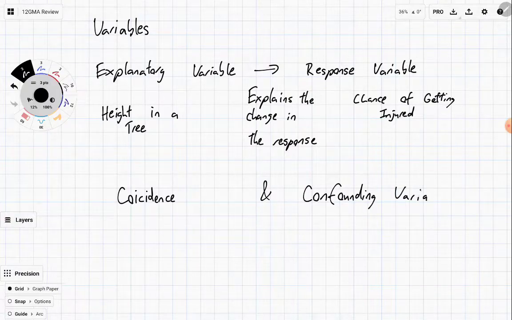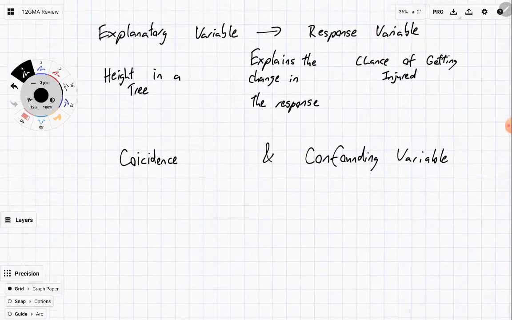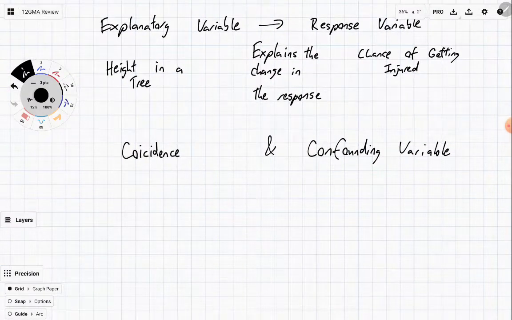Okay. So coincidence is exactly what it sounds like. It just happens to be the case that they follow each other, that there's no actual direct cause between the 2 variables, but it's just a coincidence. Confounding means that these 2 variables are related, V1 and V2, but not to each other, not like in that above example, but instead there is a third cause that is affecting both, and we call that the confounding variable.